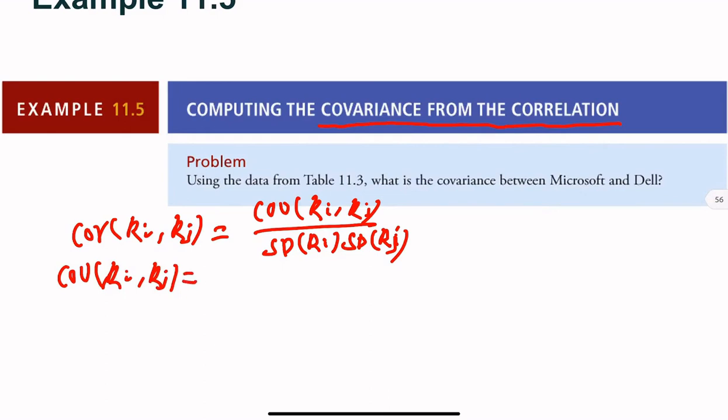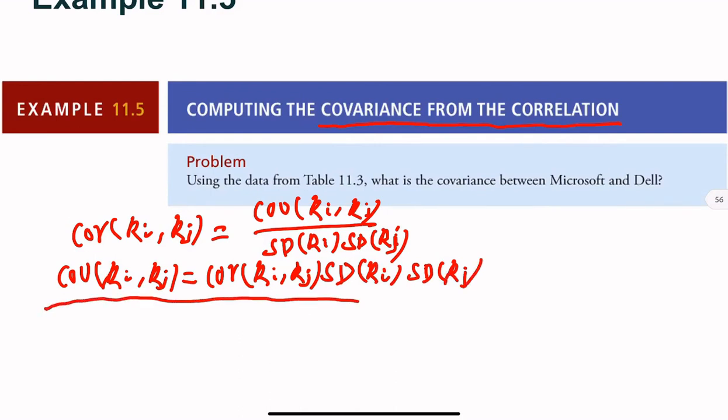So covariance of i and j equals correlation of Ri and Rj times standard deviation of Ri times standard deviation of Rj. Again, I will emphasize this formula is important. A lot of problems, if you want to solve them, you have to use this formula.